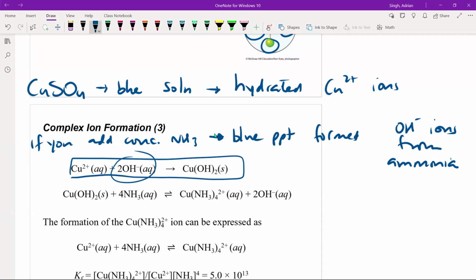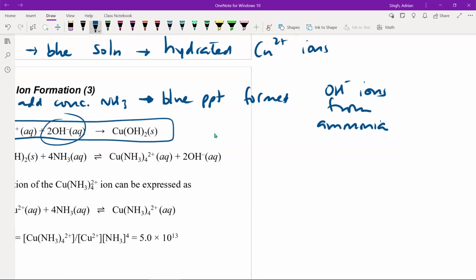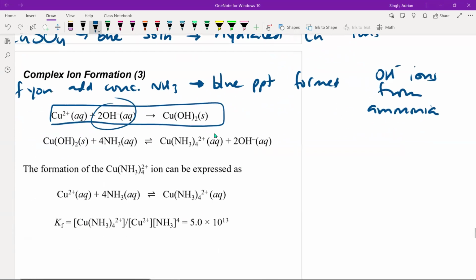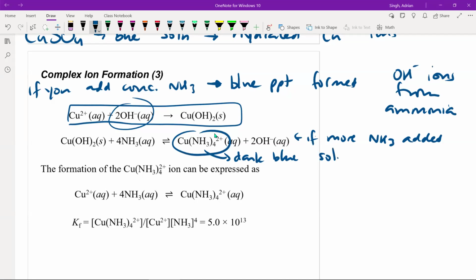And the more NH3 is added, the blue precipitate redissolves to produce a dark blue solution, this time due to the formation of the complex ion with the copper and ammonia attached to it. So if more NH3 is added, then we have this formation, a very dark blue solution.